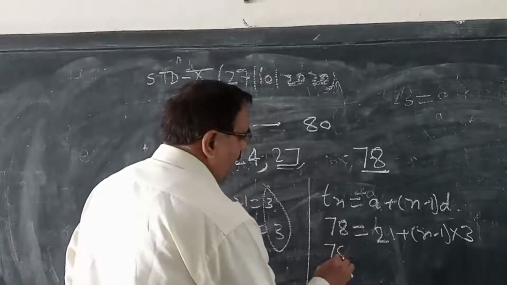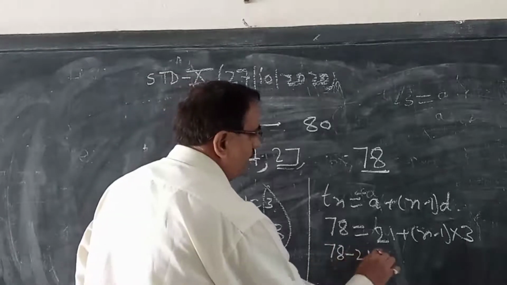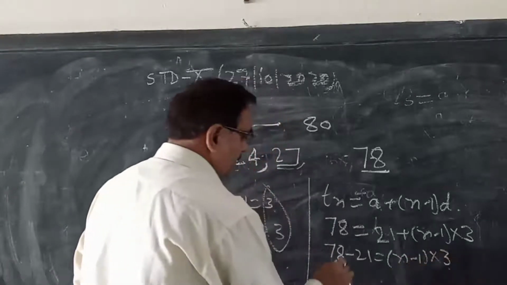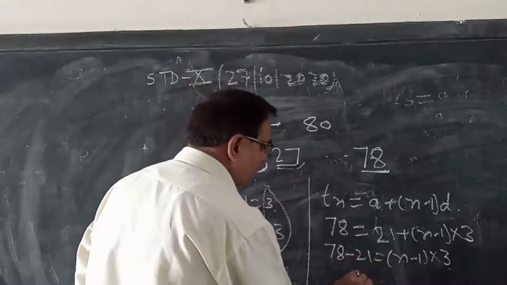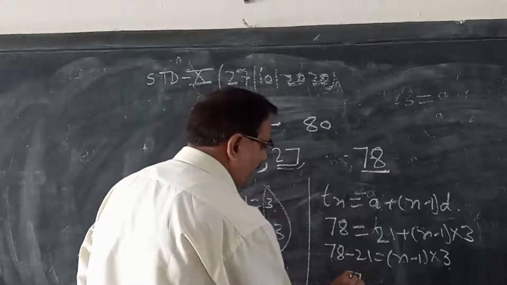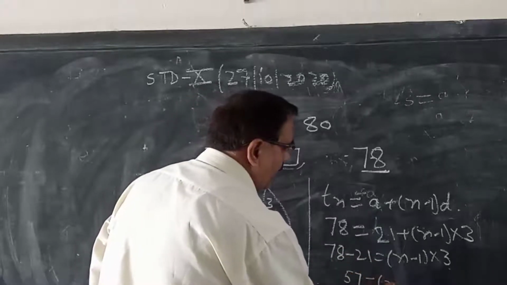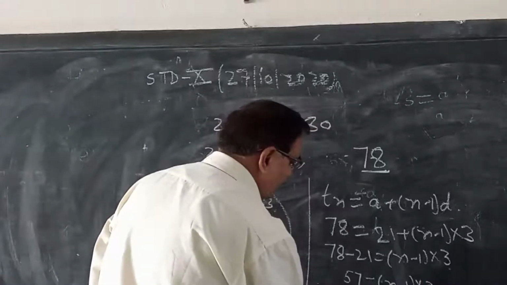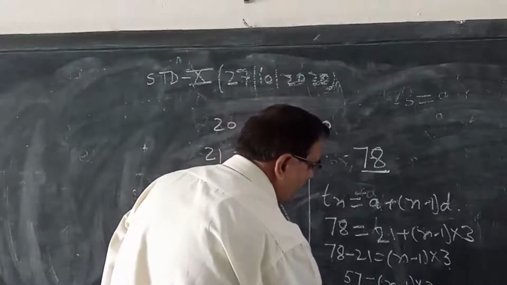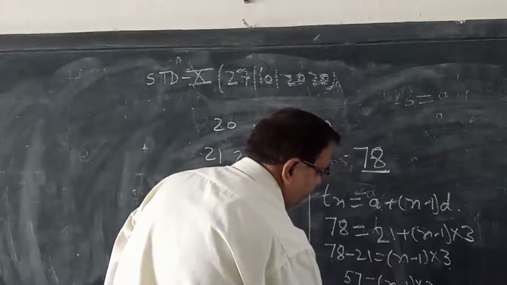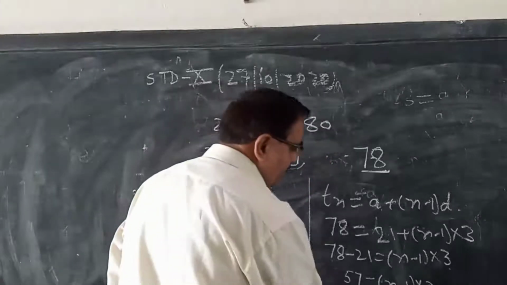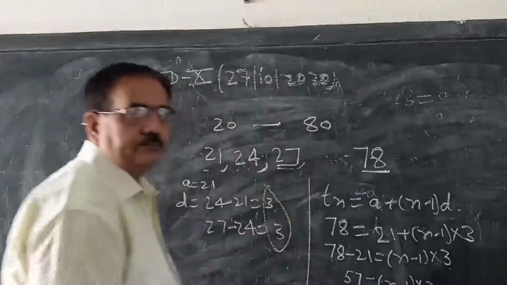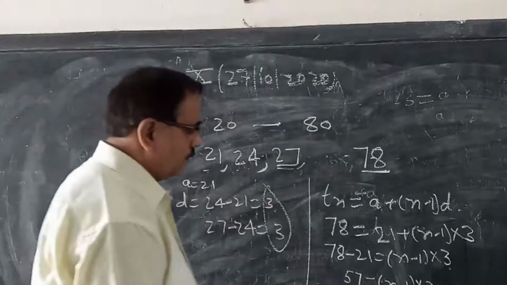So 78 minus 21 is equal to n minus 1 into 3. 78 minus 21 is 57, equal to n minus 1 into 3. So n minus 1 is equal to 57 by 3, which is 19.